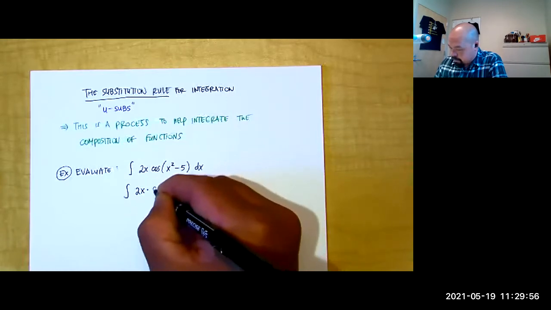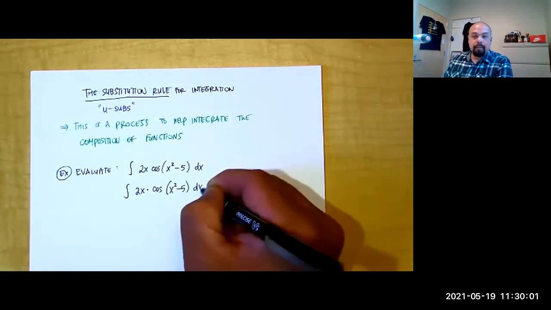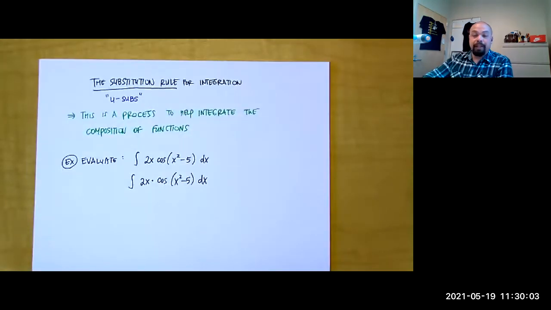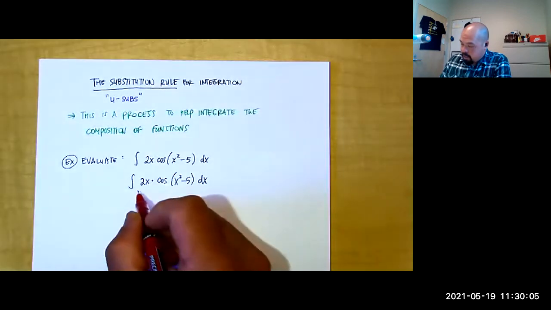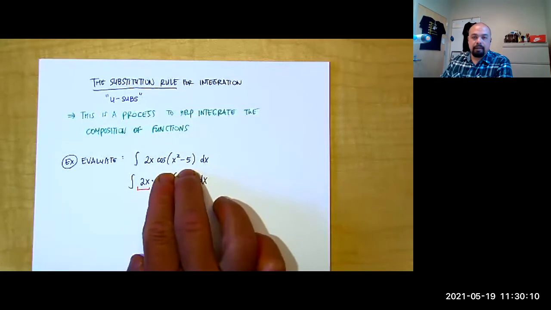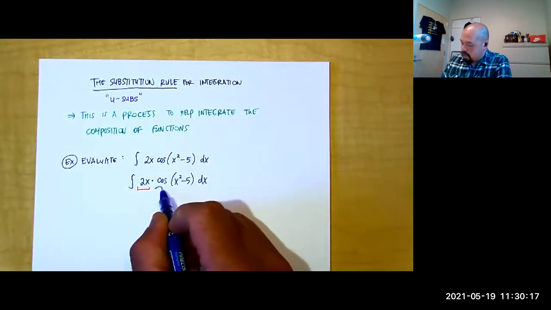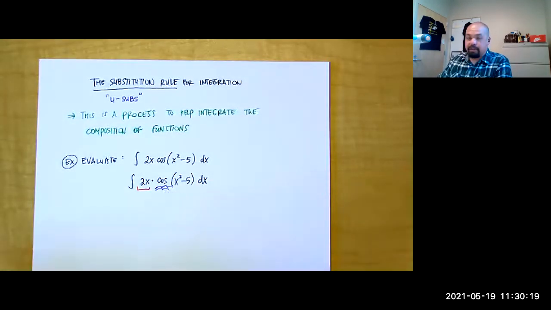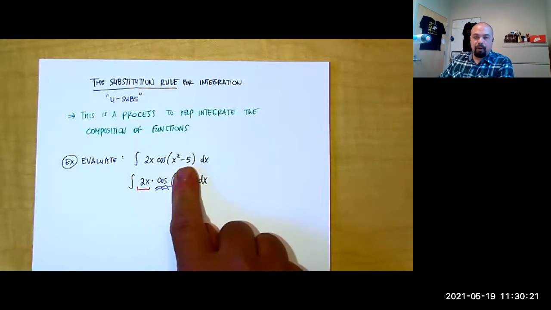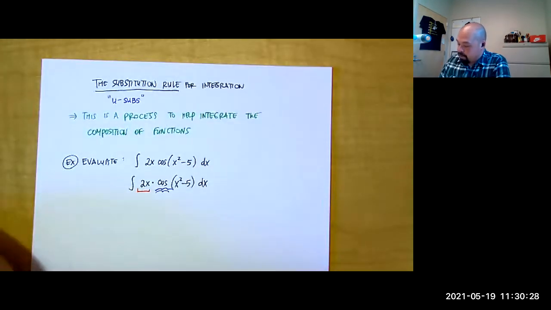Individually, we might say, I know what the antiderivative of 2x looks like, the power rule. I know what function has a derivative equal to cosine, sine. But with that product, we want to be careful.